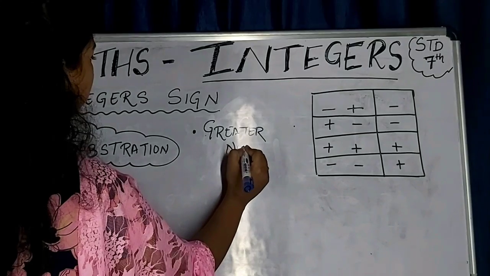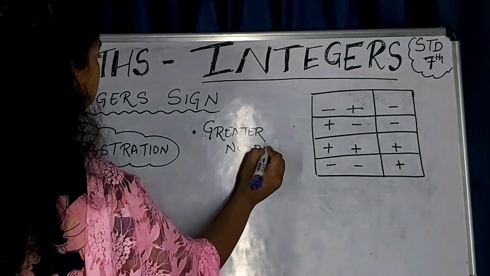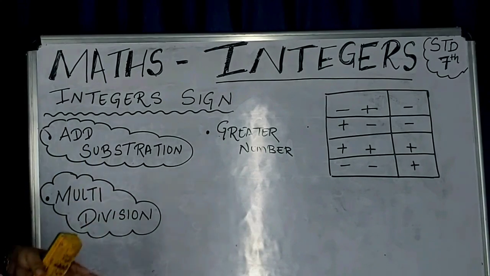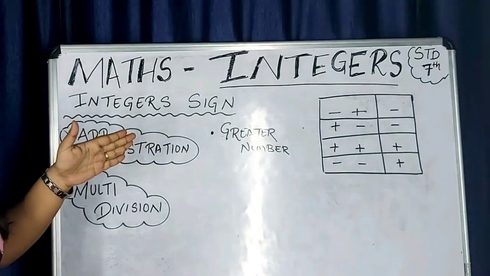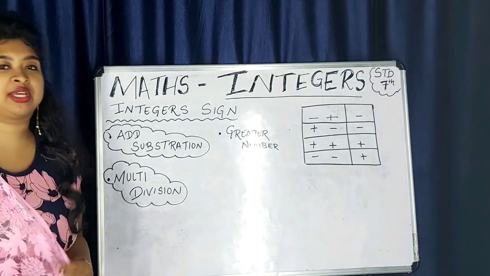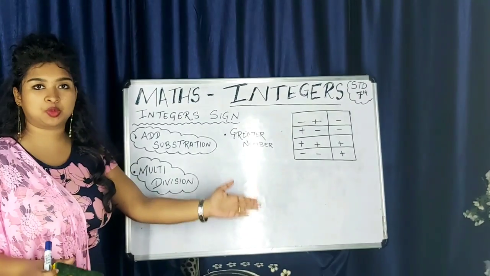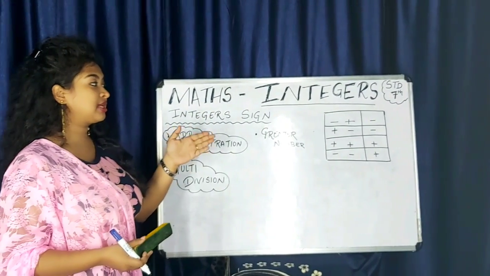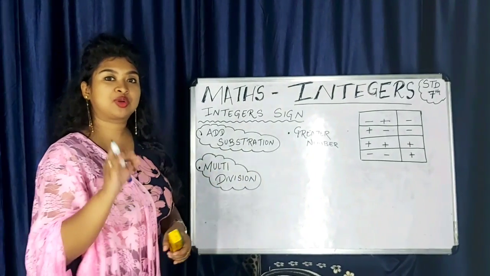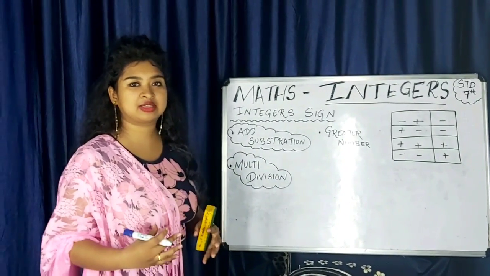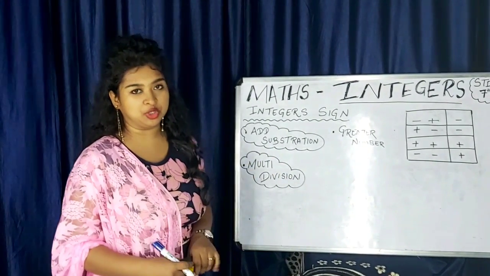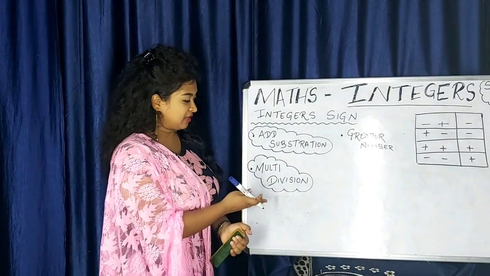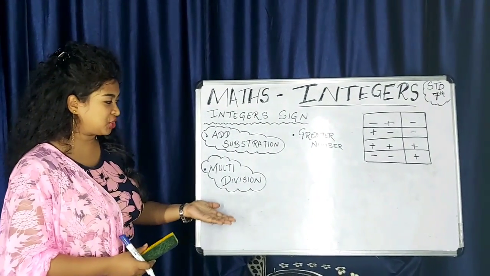Whenever we are adding or subtracting, whatever result you get depends on the integers: if the bigger, greater number is minus or plus, the answer will be negative or positive accordingly.